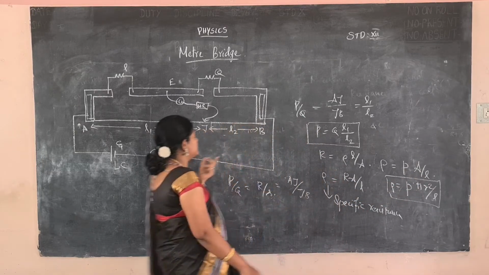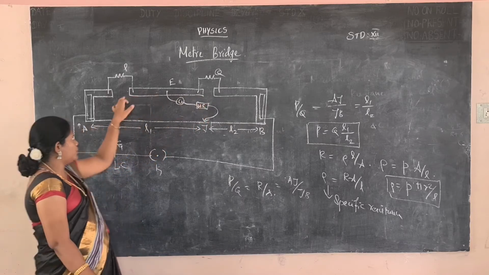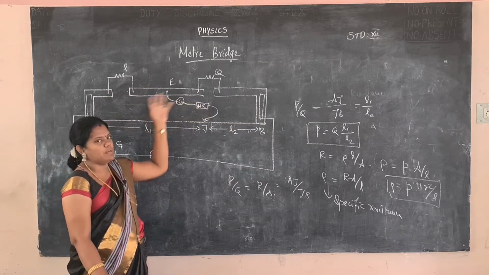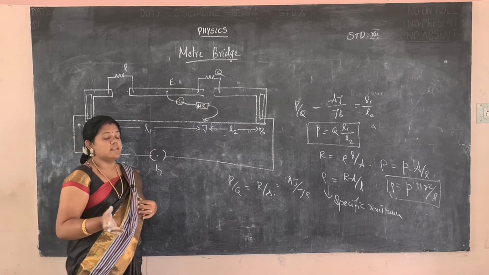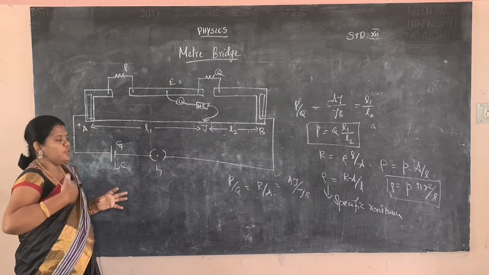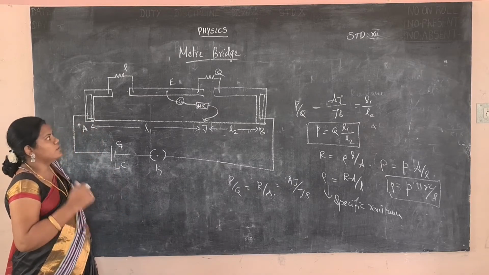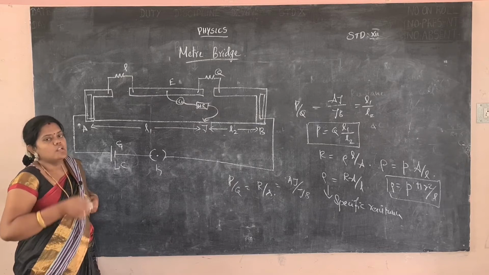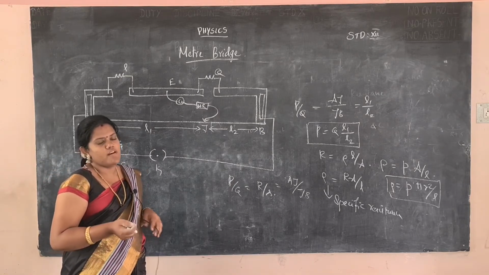Suppose you have to interchange the two resistances in the first gap and second gap. First gap la Q வையும் second gap la P நீங்க fix பண்ணீங்க அப்படினா you have to interchange the two resistances. Again you have to find out the values, and then you have to fix the resistance in the known resistance box. Known resistance box la resistance fix பண்ணி unknown resistance calculate பண்ணனும். ஓகேவா?